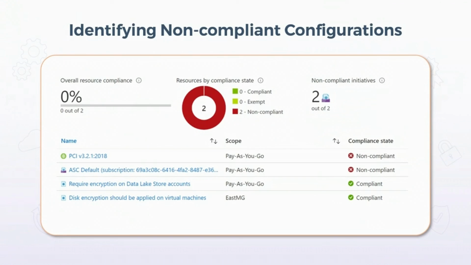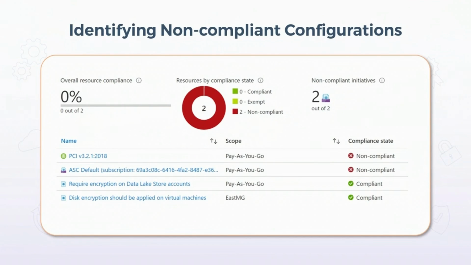We can very easily look at these GUI reports on the far right under compliance state. Some of these policy assignments are compliant, others are not. Naturally, we need to focus on the non-compliant states because we need to identify offending configurations so that we can focus our energy on them to bring them into security compliance.